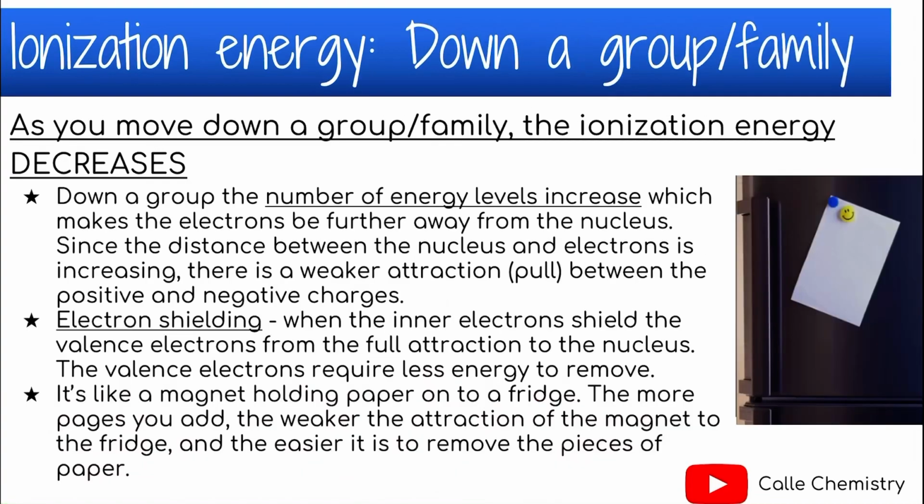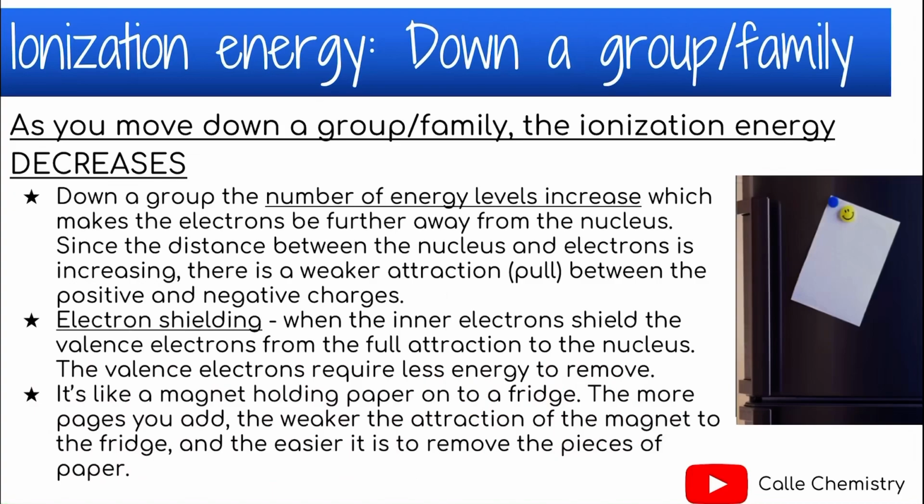Now, ionization energy down a group is decreasing. And the reason for that is because down a group, the energy levels are increasing. So there are more and more orbitals as you go from top to bottom on the periodic table. This means the electrons are now further away from the nucleus.